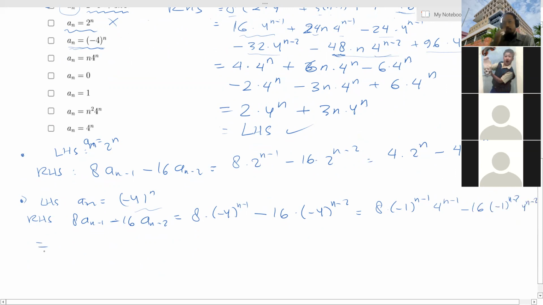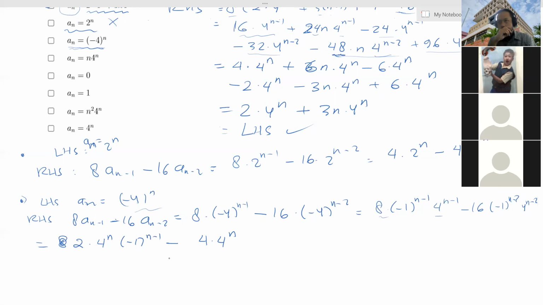So now this is equal to 2 times 4 to the power of n times minus 1 to the power of n minus 1, and then minus, now we need the 16, so 4 times 4 to the power of n, sorry, not 4, it's actually 1.